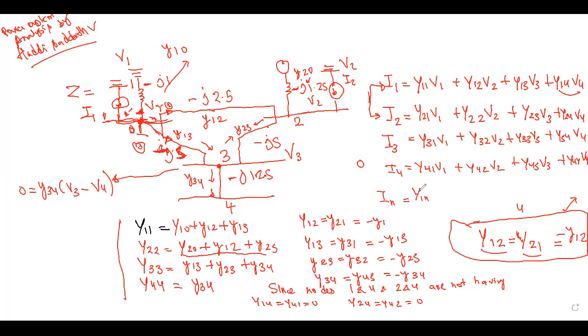YN1 V1 plus YN2 V2, correct? Plus YN3 V3 plus YNN VN, right? It's like that only.